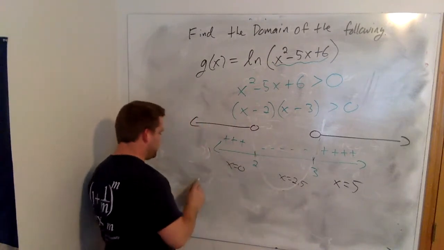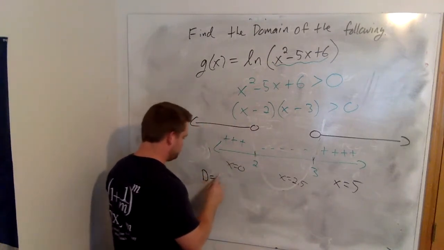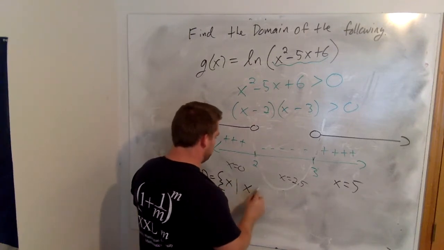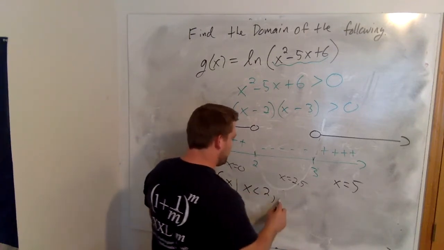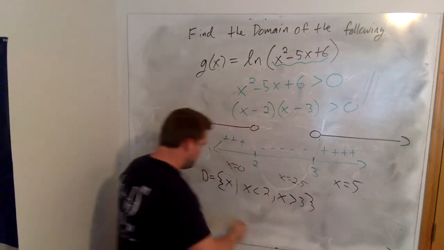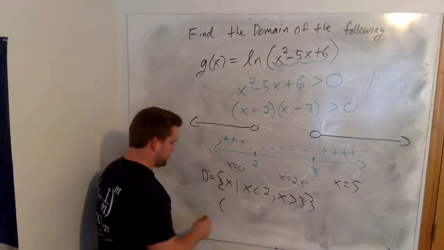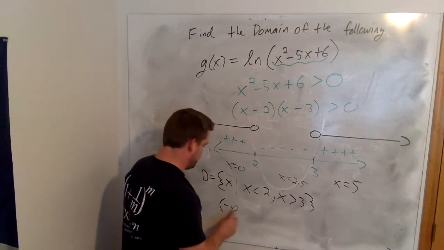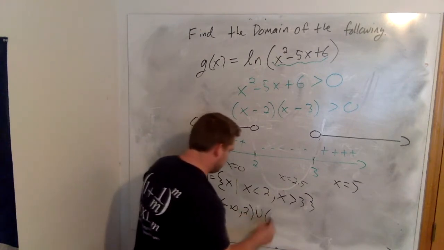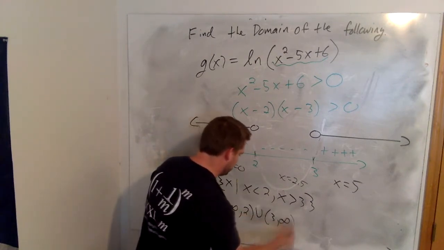So here the domain will be equal to all x such that x is less than 2, or x is greater than 3. Or in interval notation, this is from negative infinity to 2 union with 3 to infinity. So this is the answer.